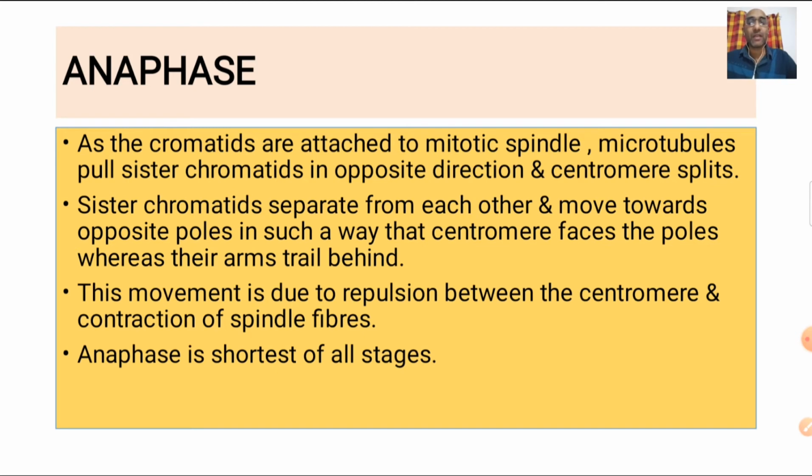Now this movement is due to repulsion between the centromeres and the contraction of spindle fibers. Now anaphase is the shortest of all stages. Remember it? Anaphase is the shortest of all stages. So how does this happen?